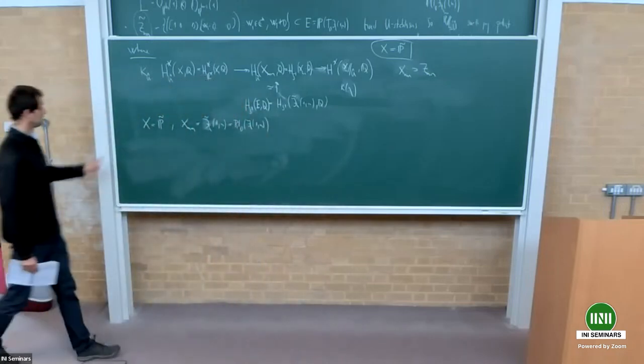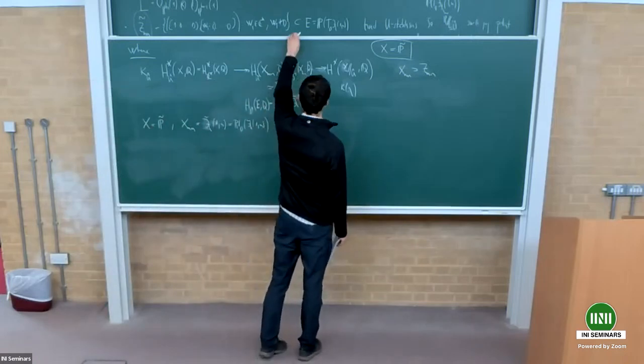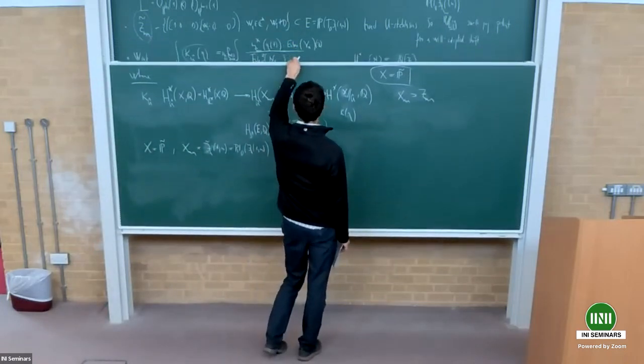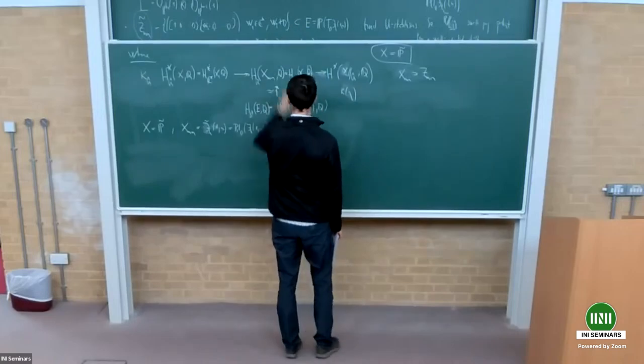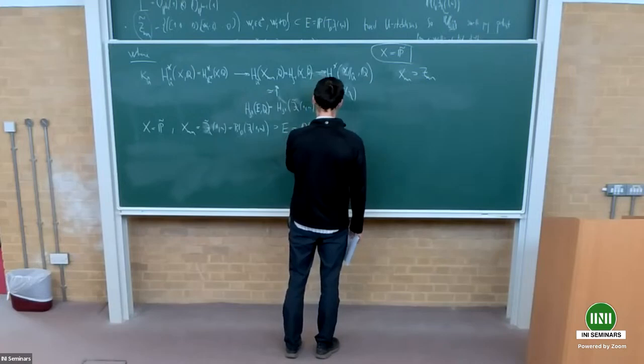And the exceptional divisor, which you already know, is really just the projectivization of T0 JK1.